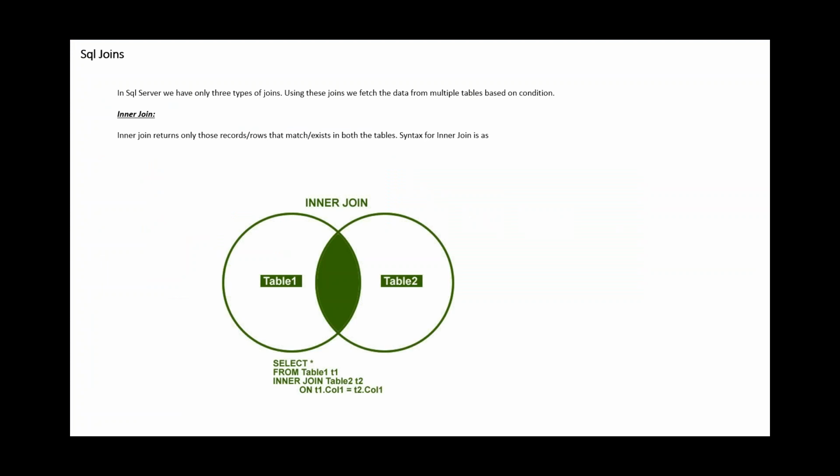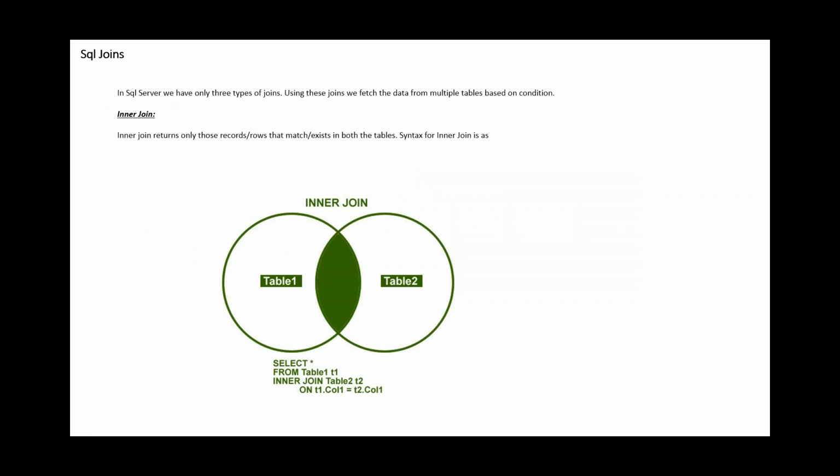We have the very basic one, SQL joins. In that we have inner join. Inner join, the diagram itself says, returns only the common information between these two tables.